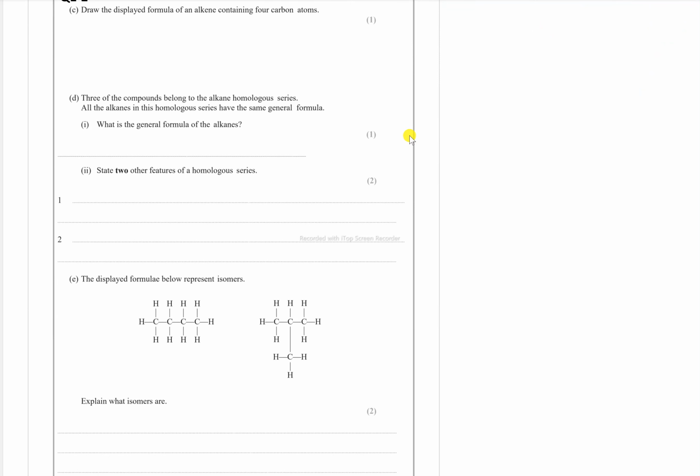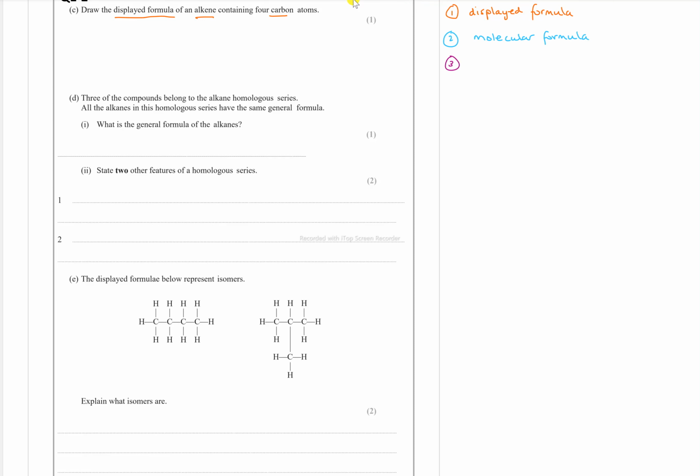Draw the displayed formula of an alkene containing 4 carbon atoms. Right, let's just look at this. You have something called a displayed formula. You have something called a molecular formula.